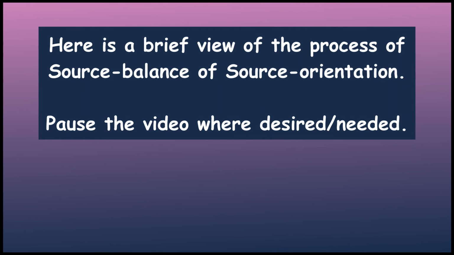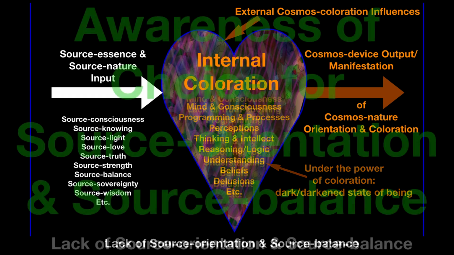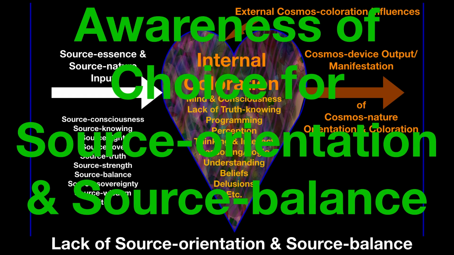Here is a brief view of the process of source balance, of source orientation. Pause the video where desired or needed. So here we have the illustration of lack of source orientation and balance. At some point along the experiential way, we may come into an awareness of choice for source orientation and source balance.